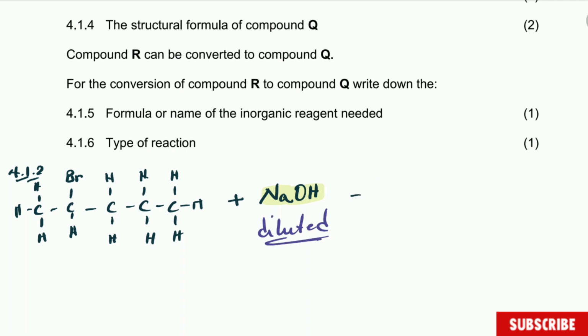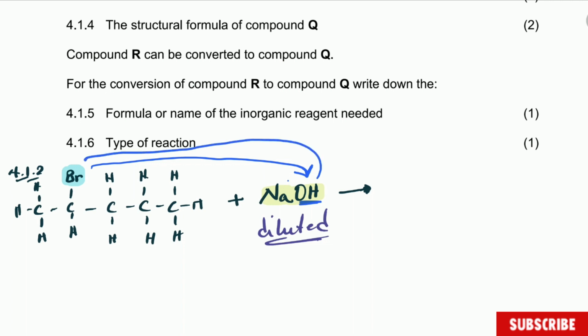What is going to happen here, guys, is substitution. The places of the Br and the OH are going to change. In other words, the Br will go and take the place of the OH, and the OH will go and take the place of the Br.